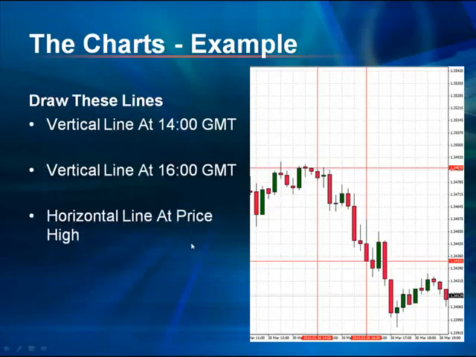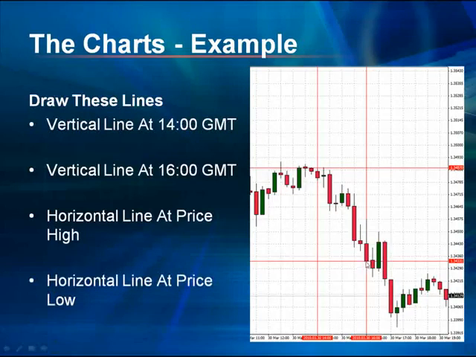And we want to draw a horizontal line at the high price point. So in this case, it was 1.34870. We just draw a line there. And we draw another horizontal line at the low price point of the time in between those 2 lines. Again, just a single click. Let's show you this in MetaTrader, and then we'll move on and talk about the rules of trading.